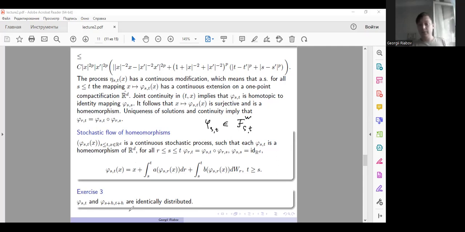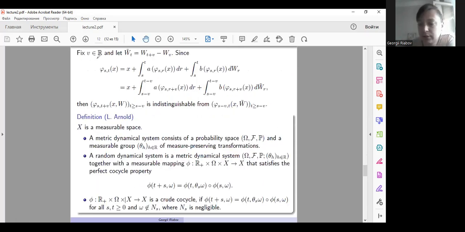In fact, this will follow from the stationarity of increments of the Brownian motion. Well, let's discuss this property in more detail, which will lead us to the notion of a random dynamical system.